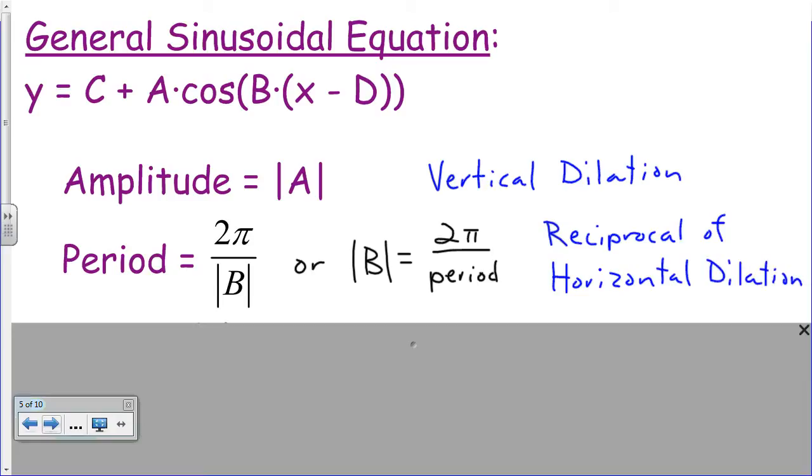Because we write it as just B, it turns out to be the reciprocal. If we wrote that as 1 over B, then B would actually represent the horizontal dilation, but it's not. It's written that way just by tradition, so we are not going to change it here. It's the reciprocal of your horizontal dilation, how much you stretch this thing horizontally.